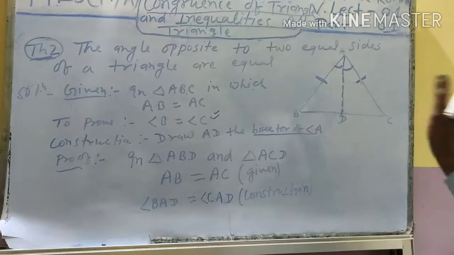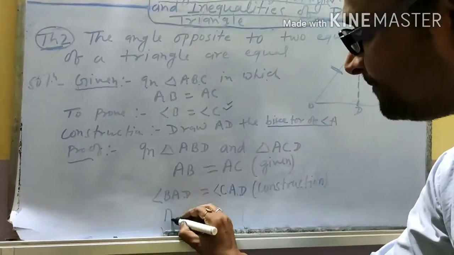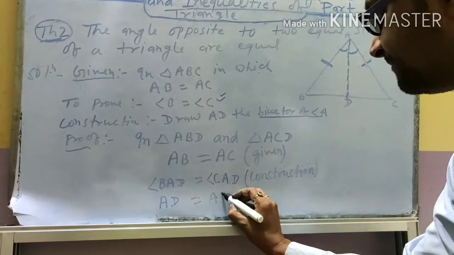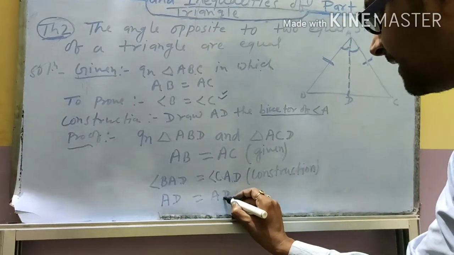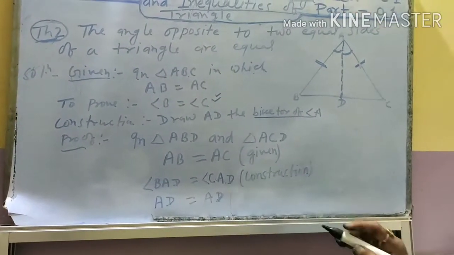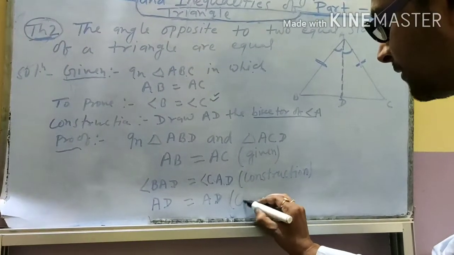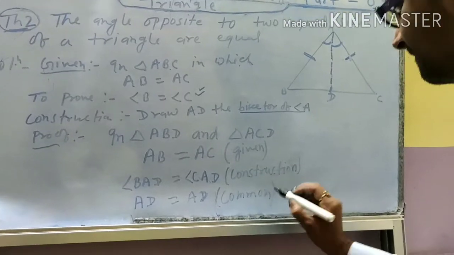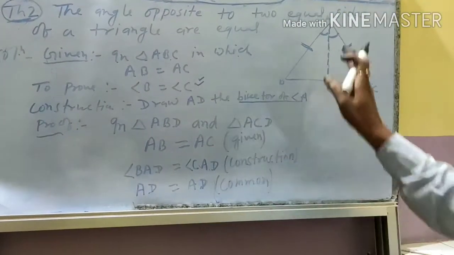Okay. Second case done, and the third case is AD is equal to AD. Here write down common.